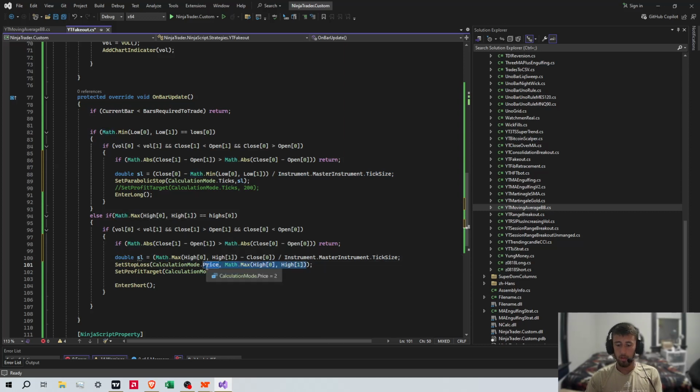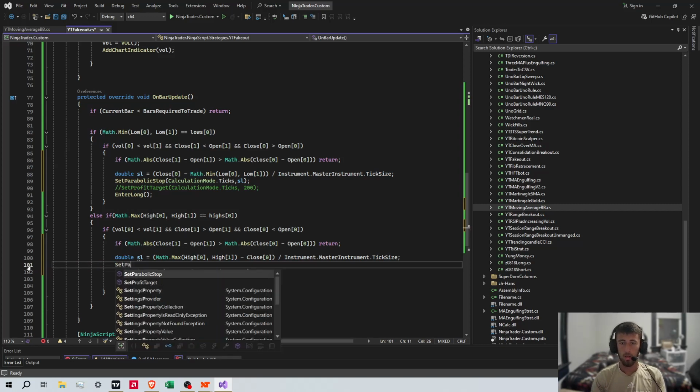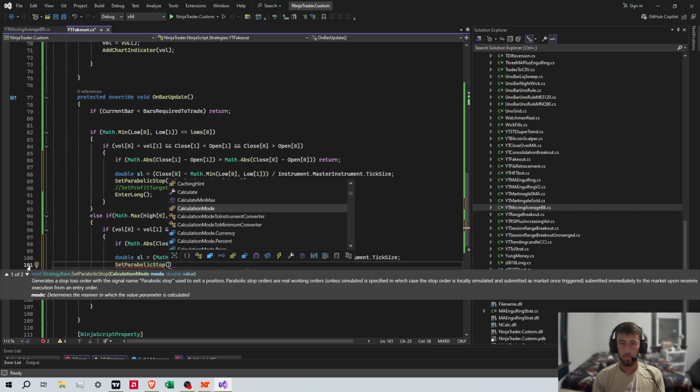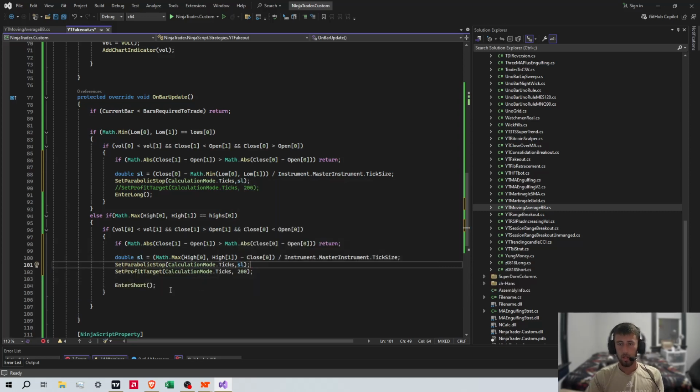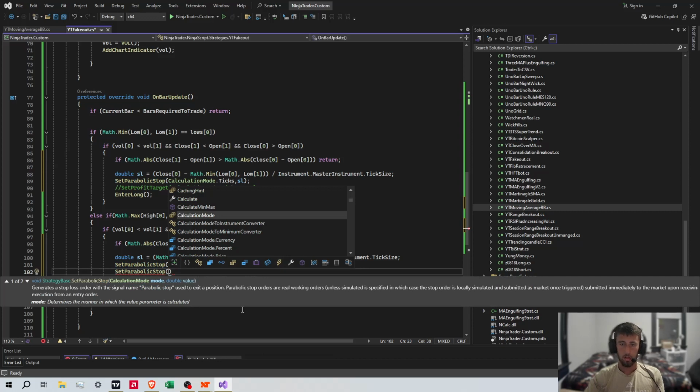Then we can change this whole line. Stop, no dots, ticks, stop loss. And the reason we're changing it to ticks is because, does it say here?